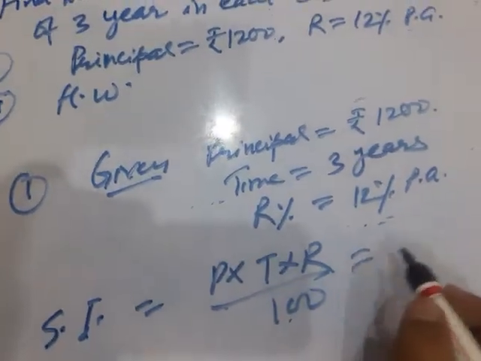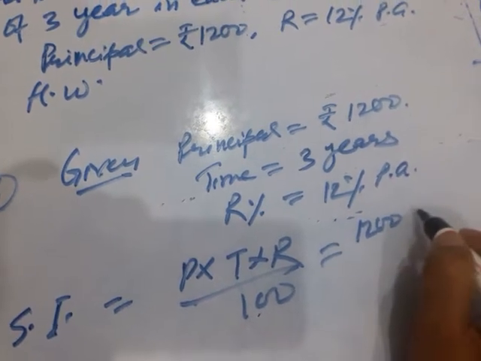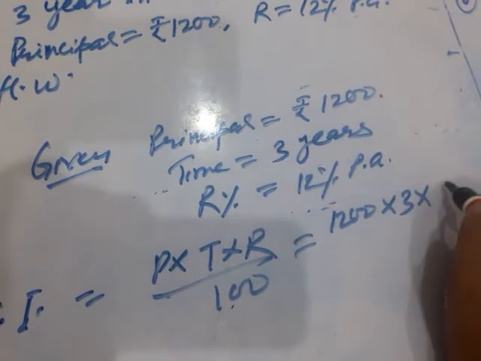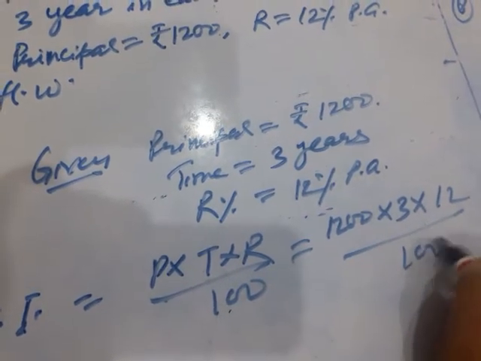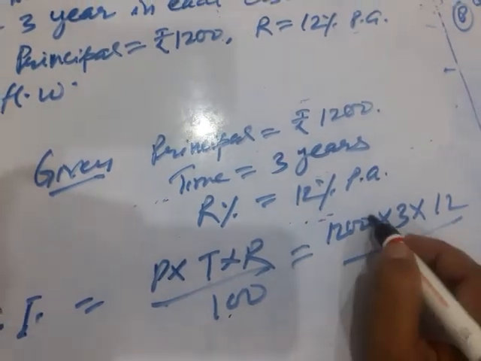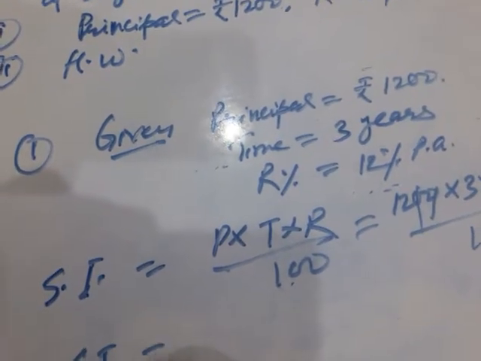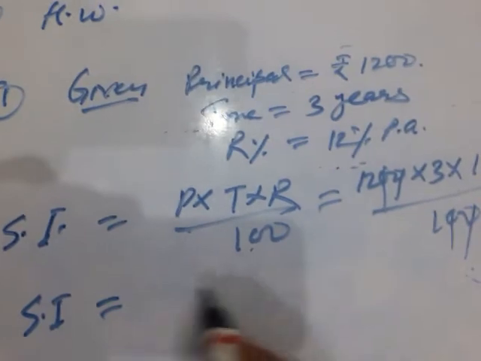Put the values here. What is principal? 1200 multiply by what is T? Time is 3 years. And what is rate? That is 12 upon 100. Now you can cut it out. 0 got cancelled. Here what is the simple interest? Simple interest, interest only, equal to 12 into 144.